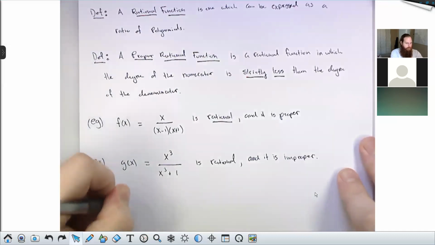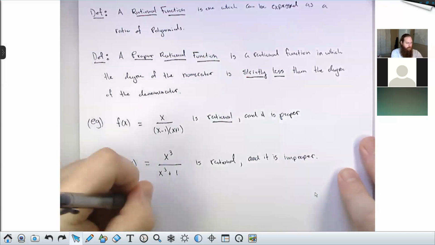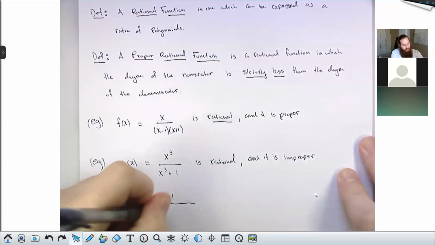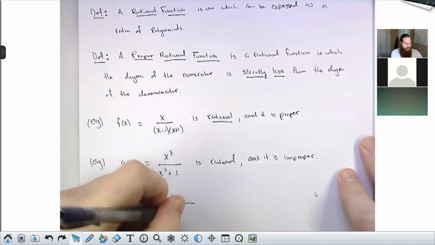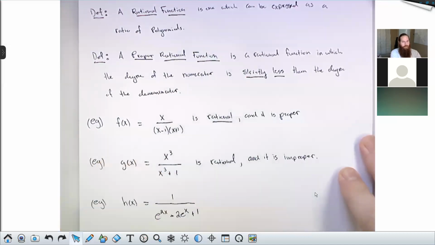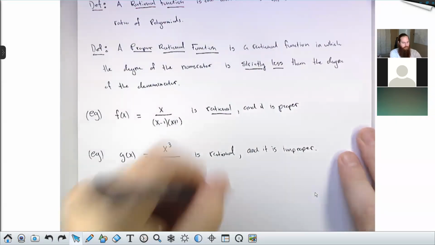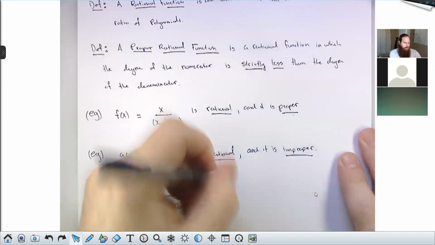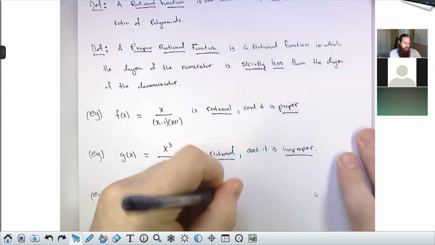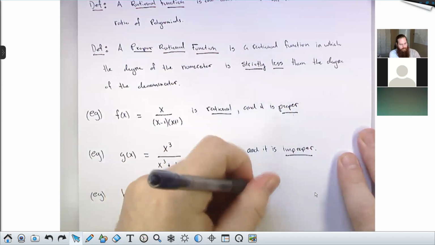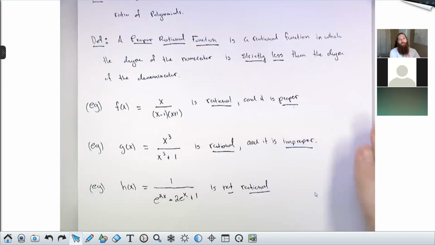And then finally, if you had something like this, this is not a rational function. So not every function that is a fraction is rational.